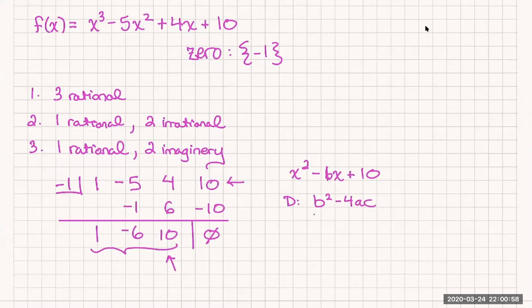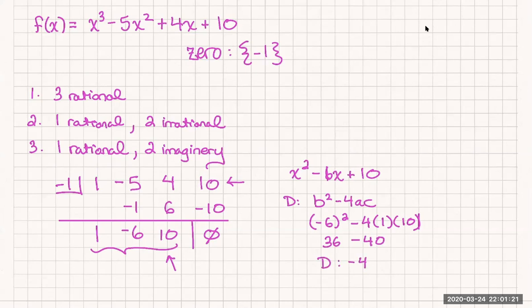In this case, b is -6, a is 1, and c is 10. So 36 minus 40, which means my discriminant is -4.